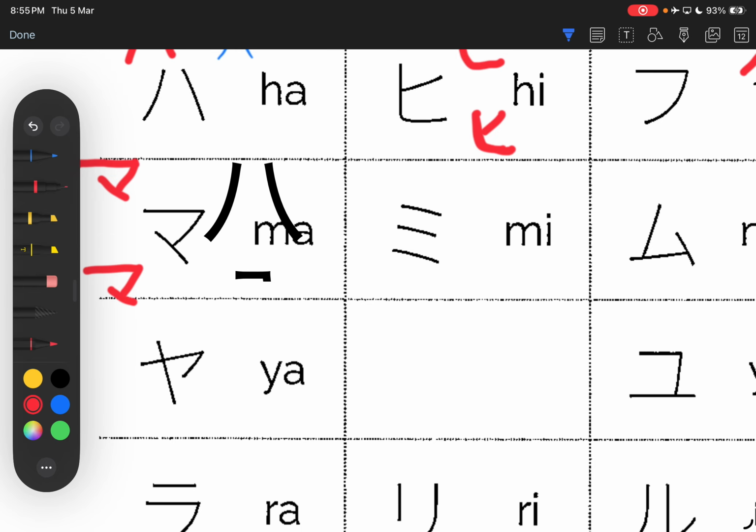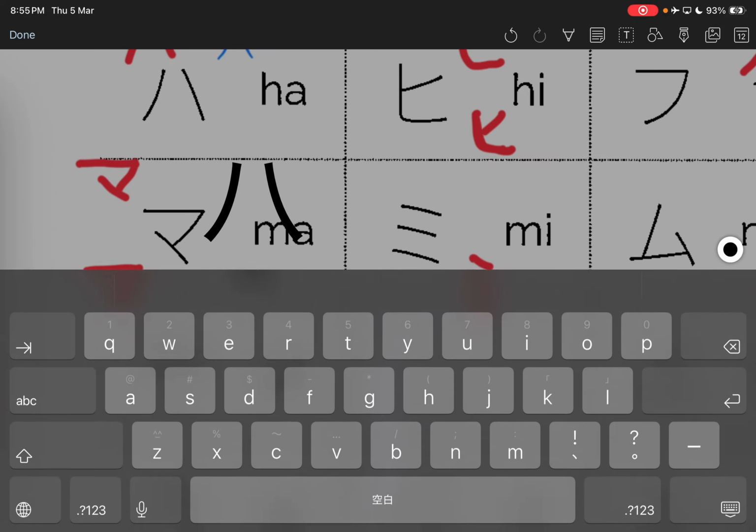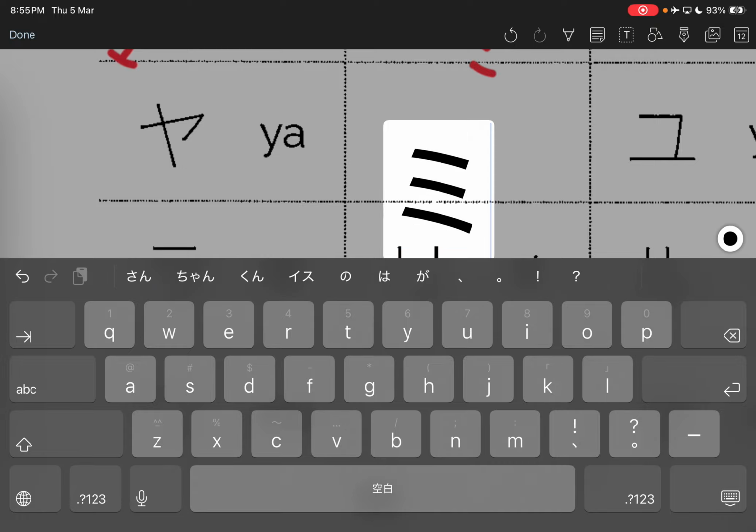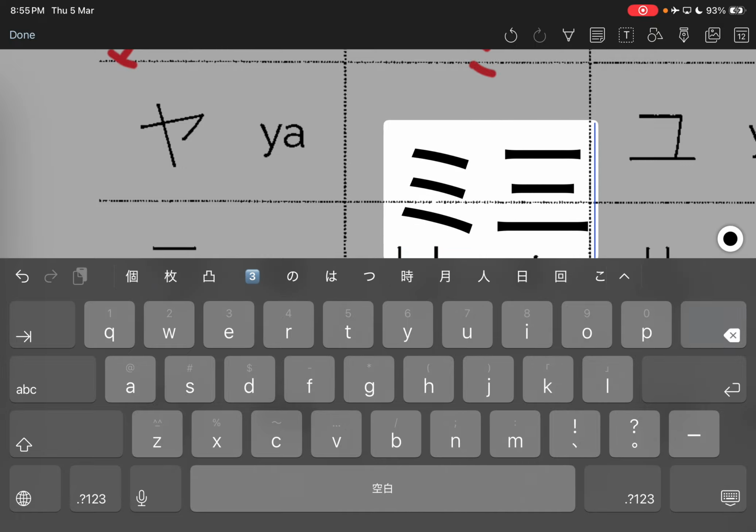Mi is just 1, 2, 3 slanted lines. Please take note that mi and the character for 3, san, are different. The kanji for number 3 in Japanese is on the right side. The left side is our katakana. It's very different. Please don't think they are the same.